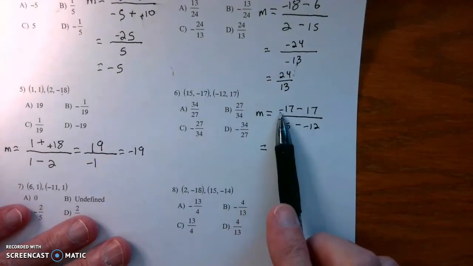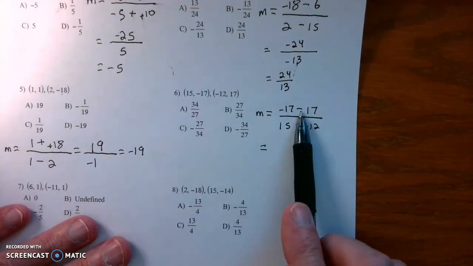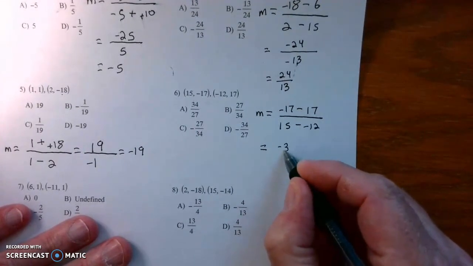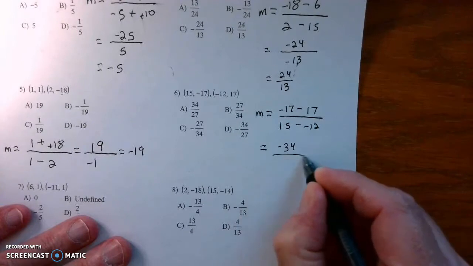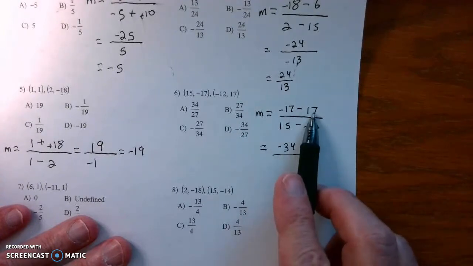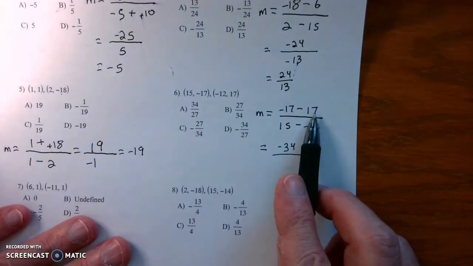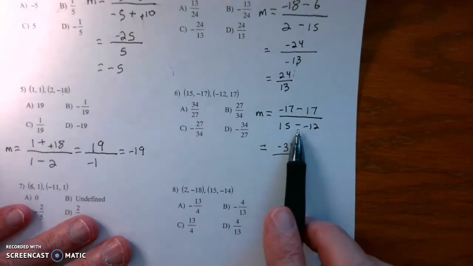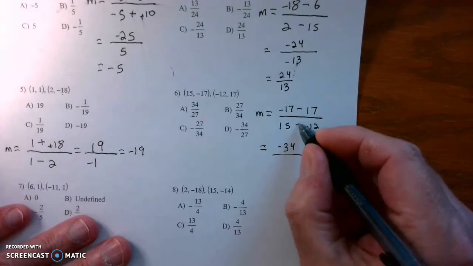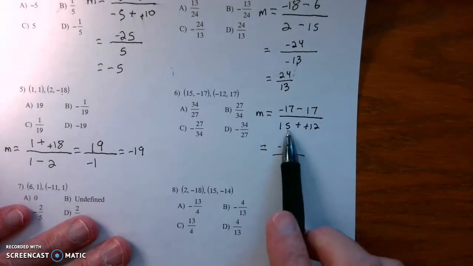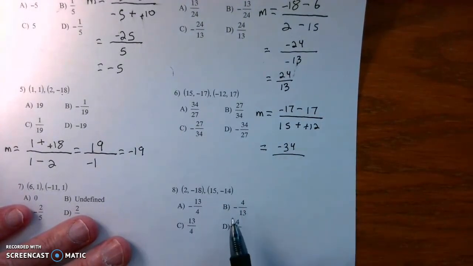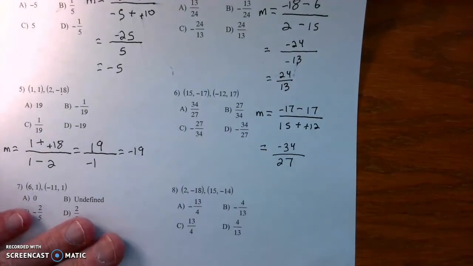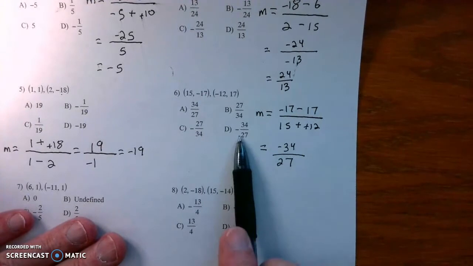All right, this is negative 17 minus 17 more. That's negative 34. It's not 0. All right, this is 15 minus minus. That's plus plus. 15 plus 12. 27. Negative. Yep, right there.